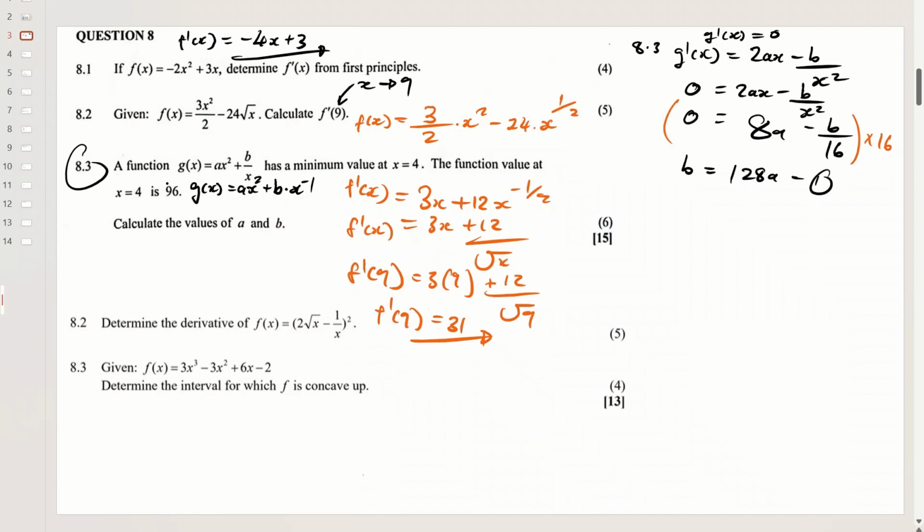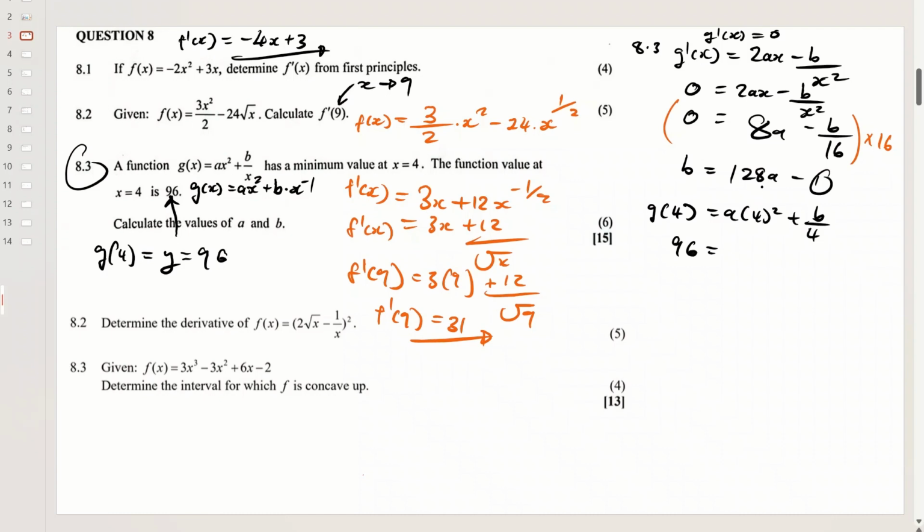And we're told something, that the function value is equal to what? 96. This is the same as saying to our g of x, not the derivative, when x is equal to 4, what is the y value? The y value is 96. So I'm just going to say from our original function, when x is equal to 4, y is 96.